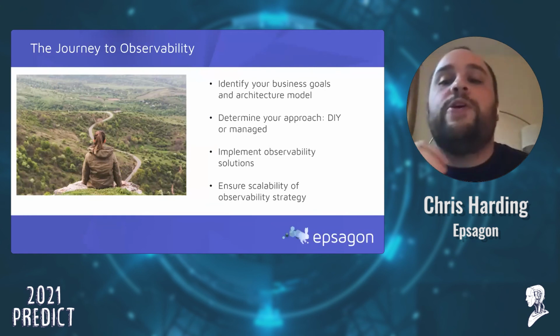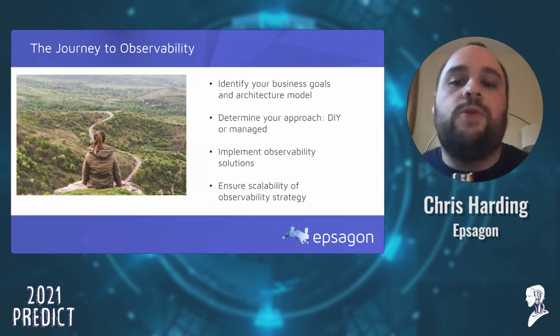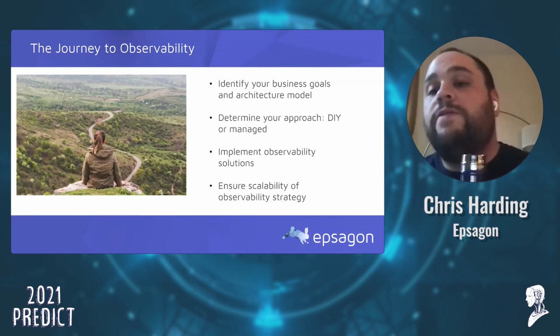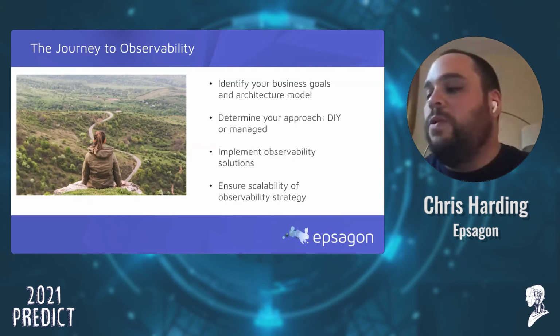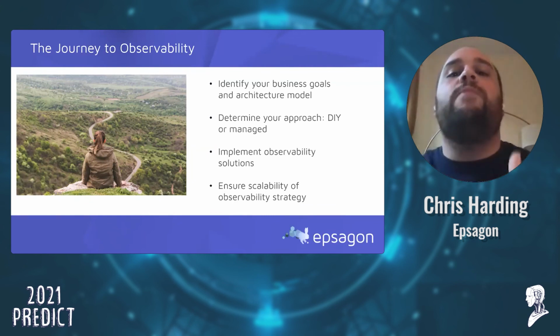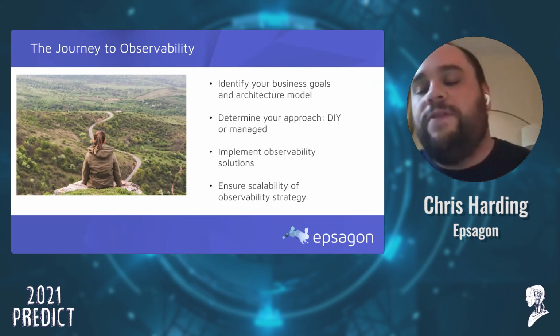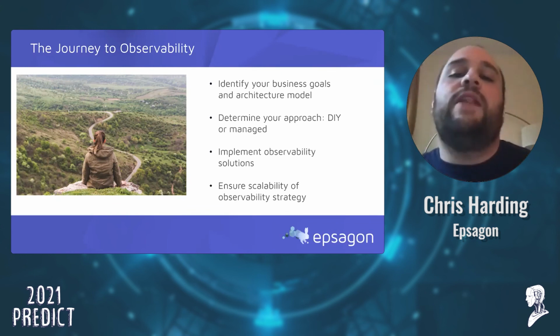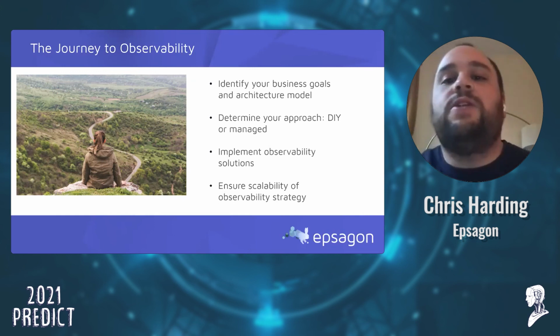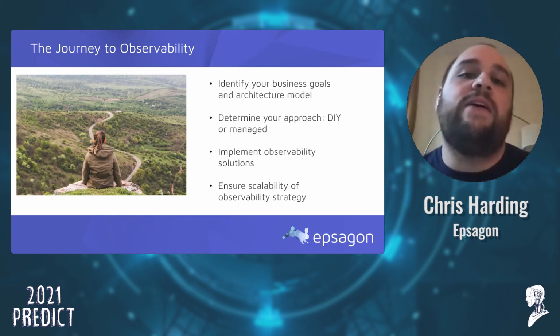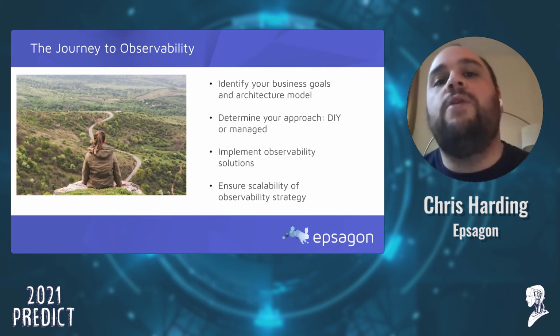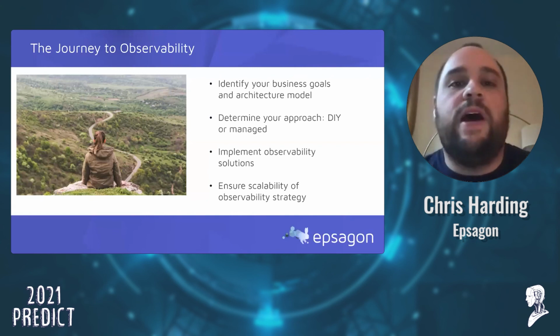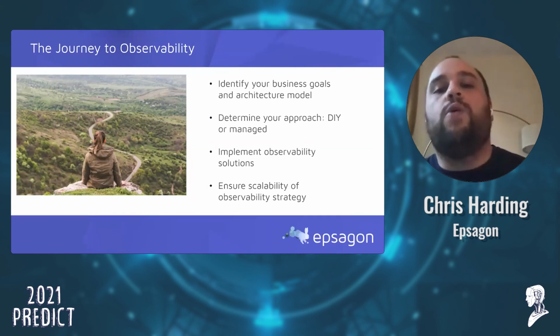But you also have to determine your approach. There are many open source tools for distributed tracing. Of course, those are free, but with any open source tool, they require a lot of resources from you, the end user. You have to manually instrument your code, make changes, and tell it what data to collect, or you can go with a managed solution where all of that happens automatically with no need for code changes at all. That implementation is going to be very much determined by what your approach looks like.